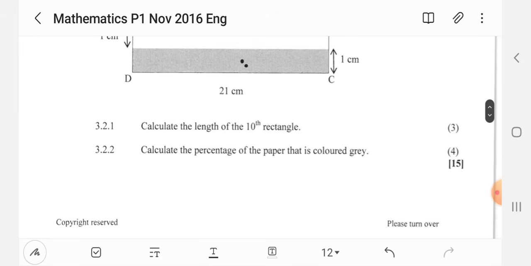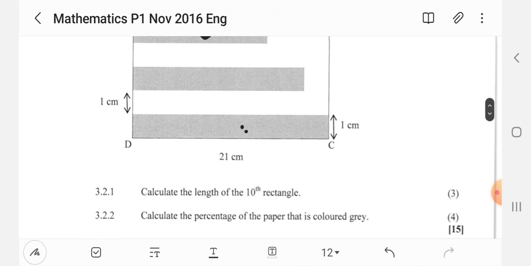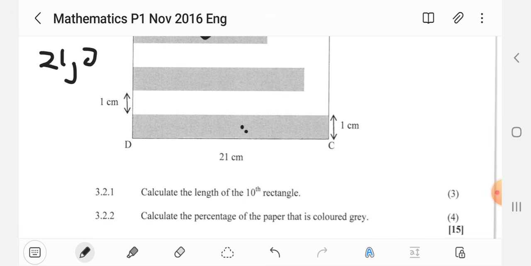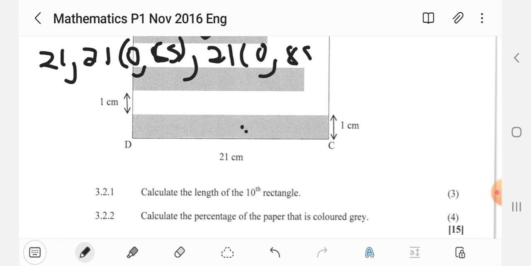We will answer 3.2.1. Calculate the length of the 10th rectangle. So in this sequence we have 21 into 0.85, that is the second one, 21 into 0.85 squared, and so forth.